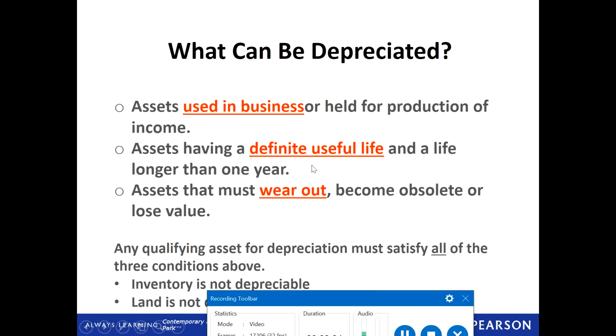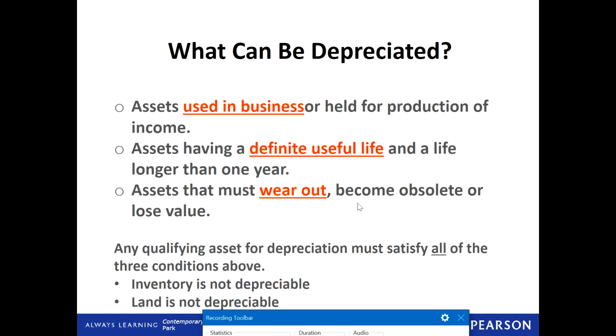And the asset must have a definite useful life, right? You should know the useful life. Is it 10 years, 20, even 30 years, right? You must know the life of the asset. If you don't know it, you cannot depreciate. And then those assets must wear out because of obsolescence, or they may lose value. Not like land, right? Land is not depreciable.